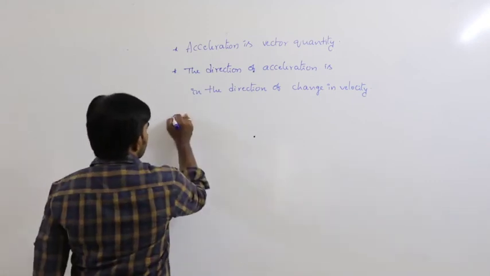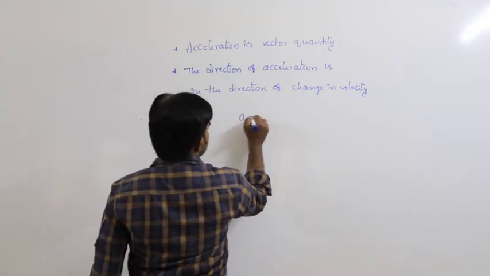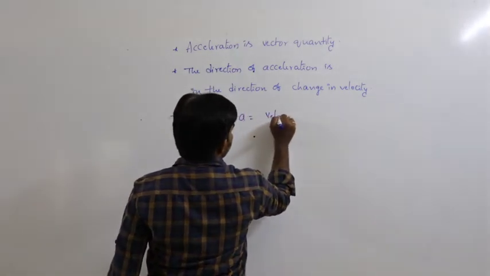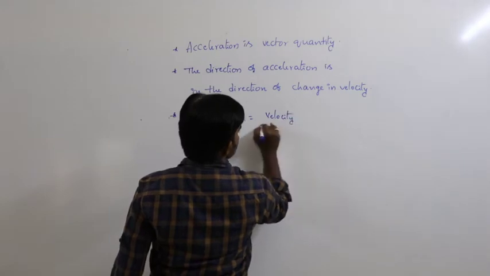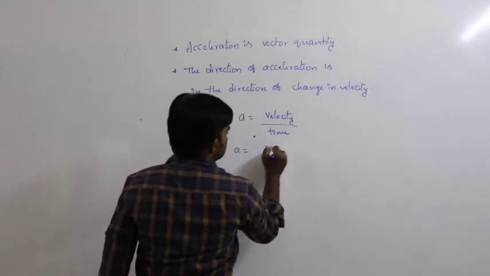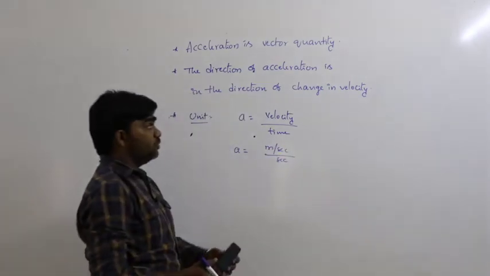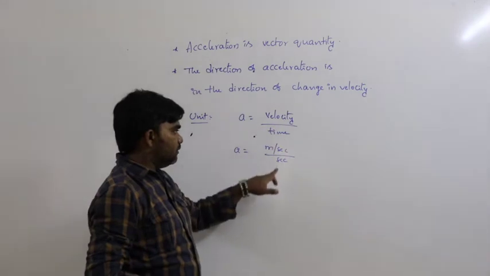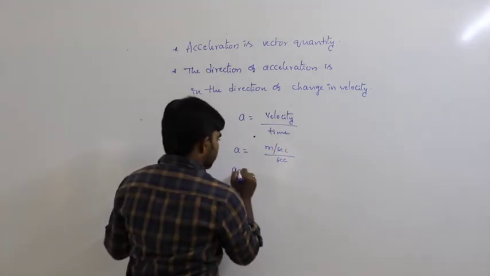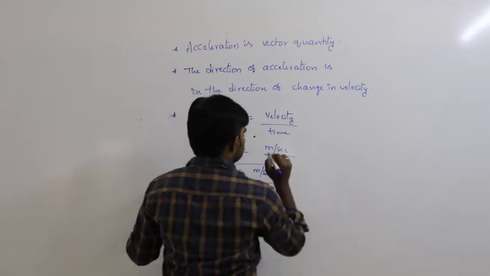Now the unit of acceleration. Acceleration is equal to change in velocity by time, or simply velocity by time. The velocity unit is meter per second, divided by time, which is second. Therefore a is equal to meter per second square.